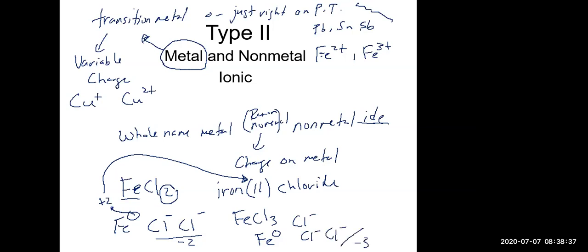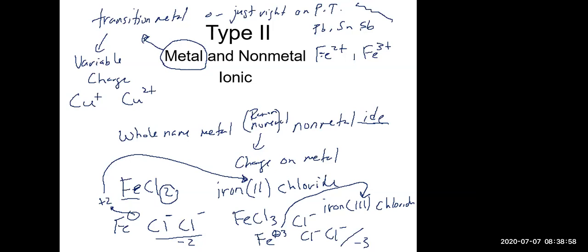That's a -3, which means the metal has to be +3, so this would be iron, Roman numeral 3, chloride. The +3 on the metal is where the Roman numeral comes from.